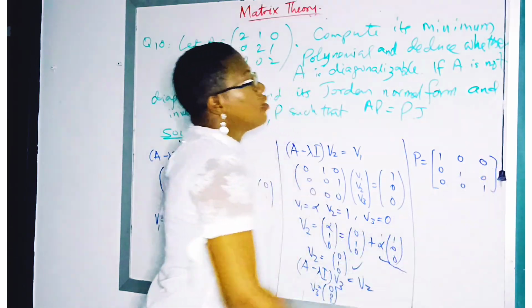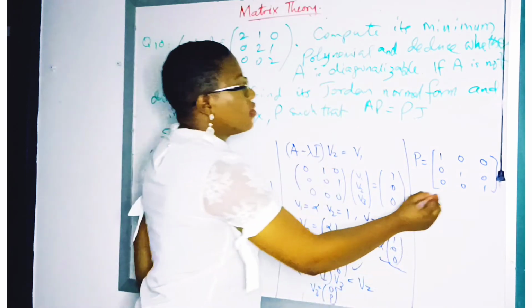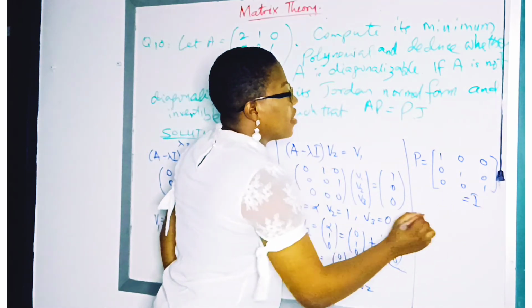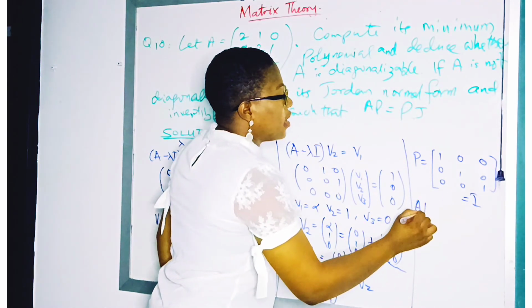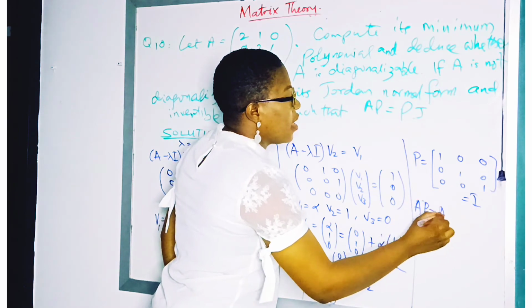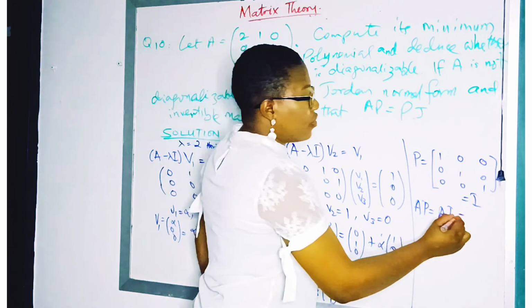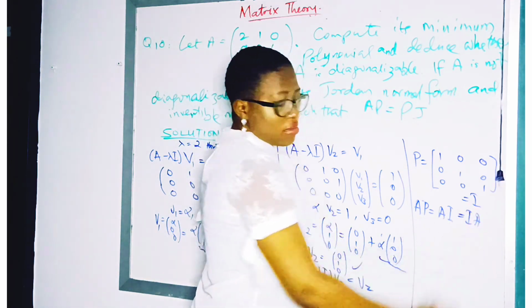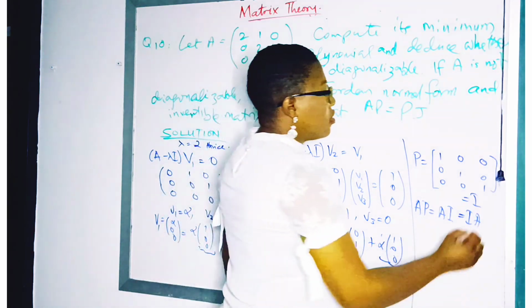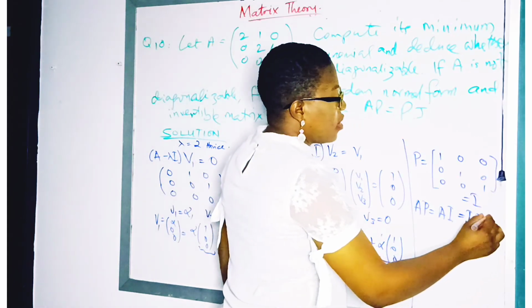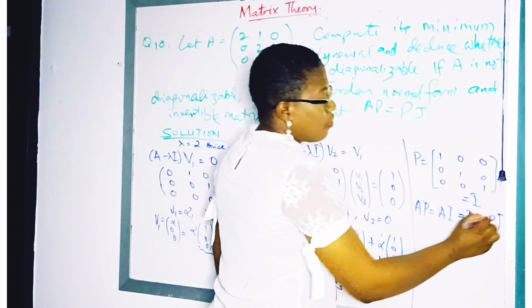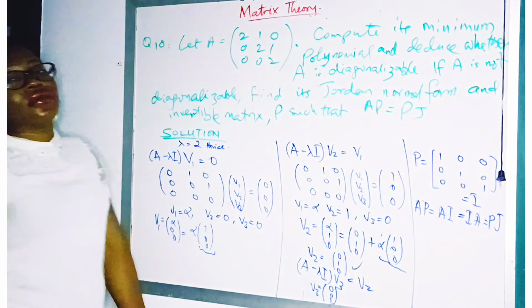We have that this is the identity matrix. We have A times P is equal to A times I, which is equal to I times A. A is still J, so PJ. And we have seen that that satisfies it.